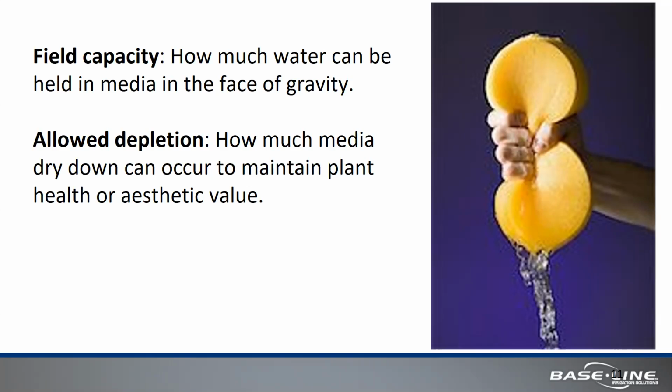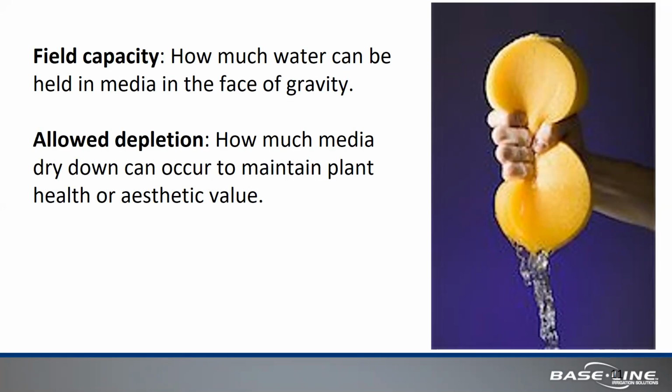If I squeeze that sponge, water will come out, and as that sponge is exposed to air, water will evaporate from it. But the key concept is that when that sponge is at field capacity, that means that the plant material would have access to that water and be able to utilize it.